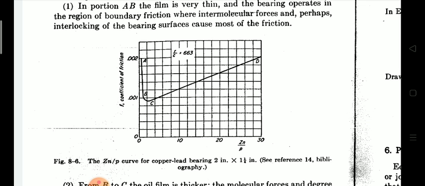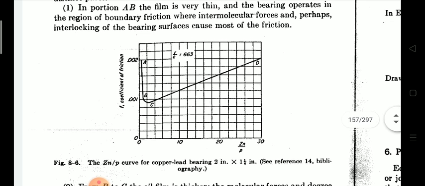In the portion AB, the oil film thickness is very thin, and the bearing operates in the region of boundary friction, where intermolecular forces and perhaps interlocking of bearing surfaces cause most of the friction.